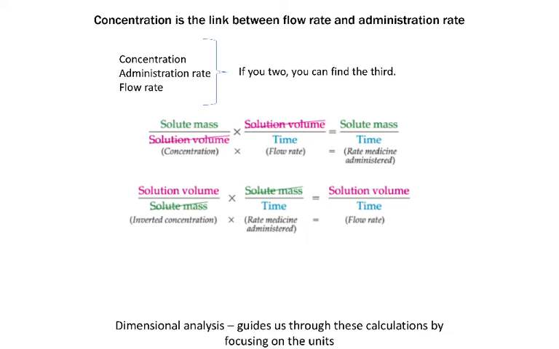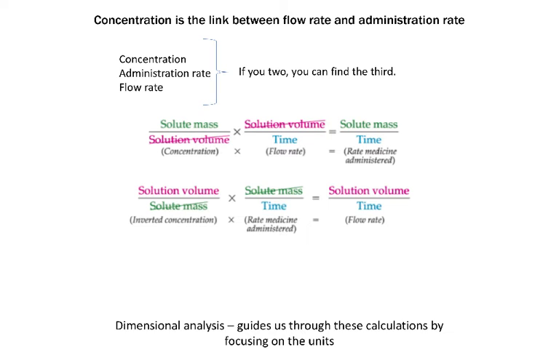Volume over mass times mass over time gives volume over time. You can see how these combinations will work out, right? Using dimensional analysis to guide us through. Basically, the variable you want on top, go ahead and put it there. The one you want on the bottom, put the second term with that on the bottom, and then the one that you don't need should cancel out.